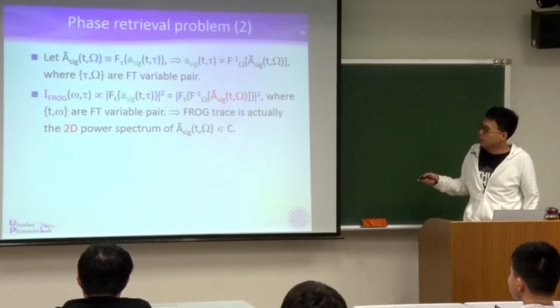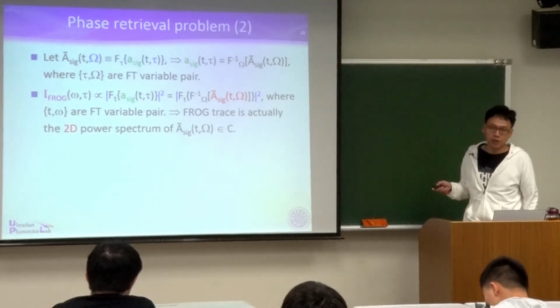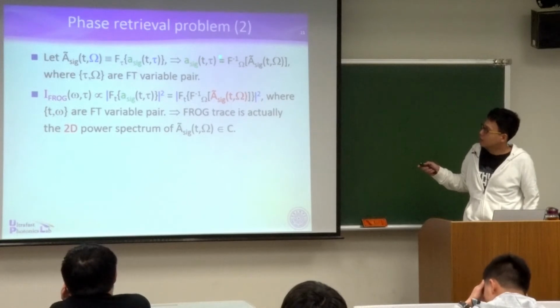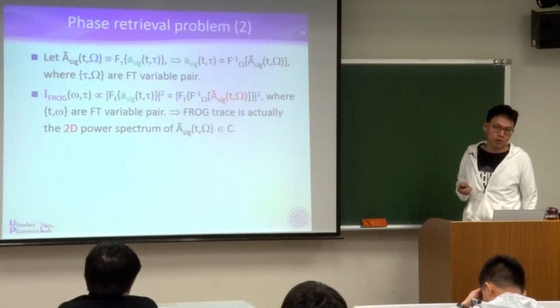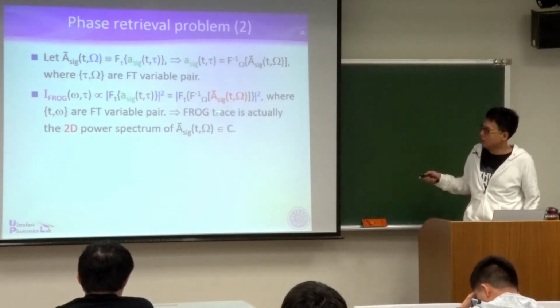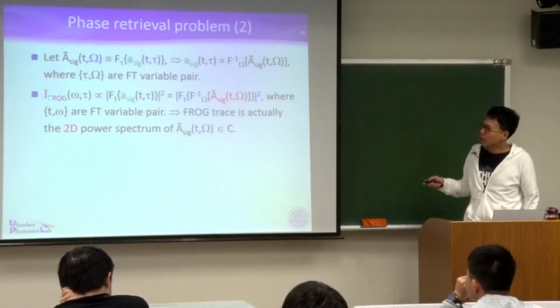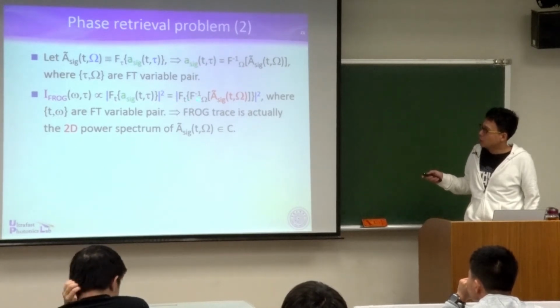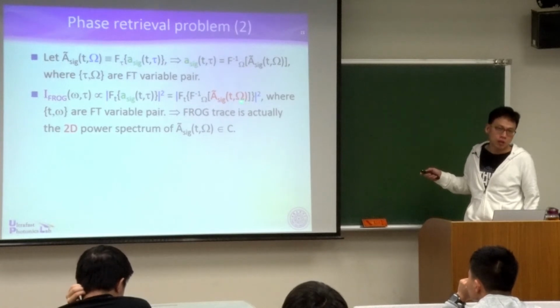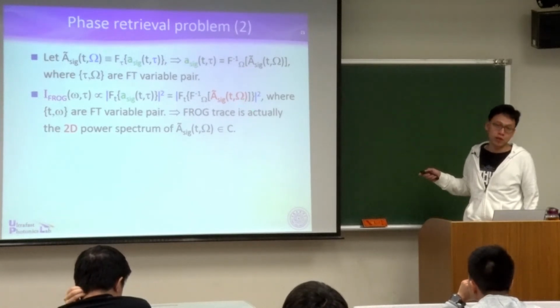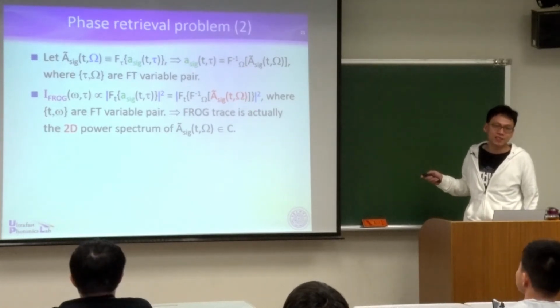But if you replace the green one, small a sub sig, by this definition, the inverse Fourier transform representation, you get this. So what's this? Your FROG trace is actually the absolute square of a double Fourier transform of a two-variable function, big A tilde, correct?